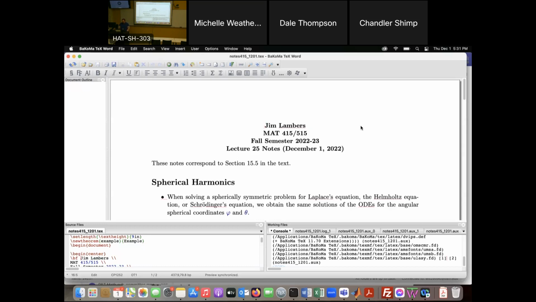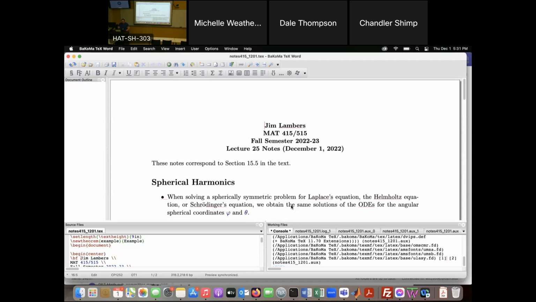Okay. So, spherical harmonics. For some time, we've been dealing with various aspects of solving some sort of PDE, usually the Laplace equation, in spherical coordinates. When we're solving a PDE, so Laplace equation, Helmholtz equation, or even Schrodinger's equation, they all have a fairly similar form.